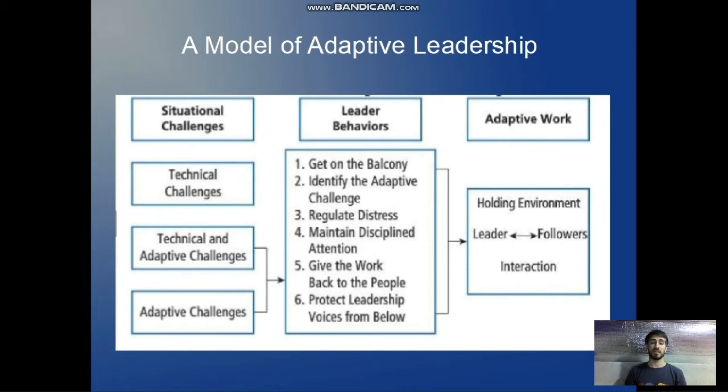It means the leaders being the voice of the unrecognized and weak followers within the workplace. Adaptive work is the main thing, and it requires holding the environment by establishing a good interaction between the leaders and the followers.